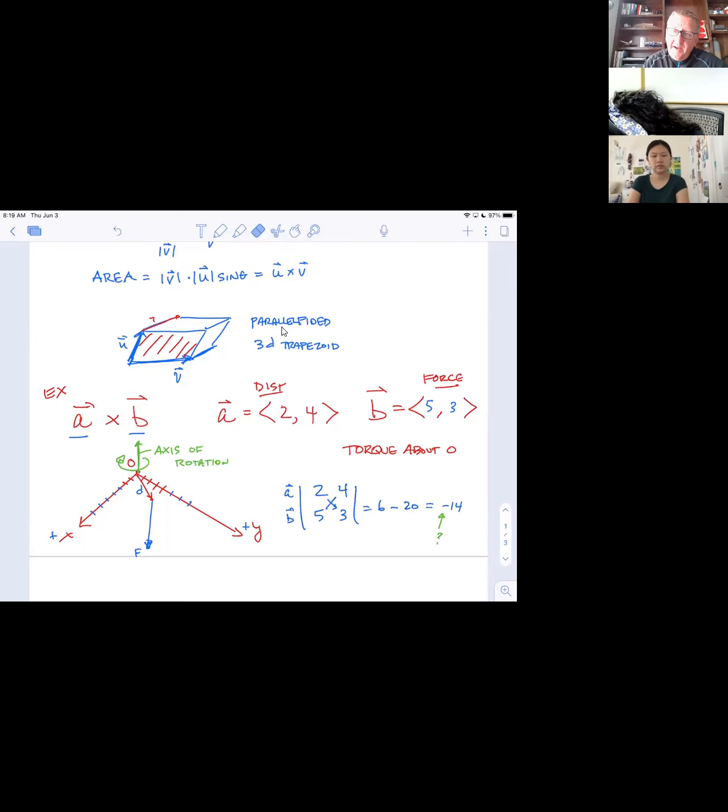So my point is we got the number 14, but I just want to know, do you understand what that 14 means? If this distance was in feet and this force was in pounds, then that would be 14 foot-pounds. And that's a number that doesn't mean a lot to you, unless you got into the world of cars and tightening bolts, because you do have to tighten bolts in certain machinery in a certain way.